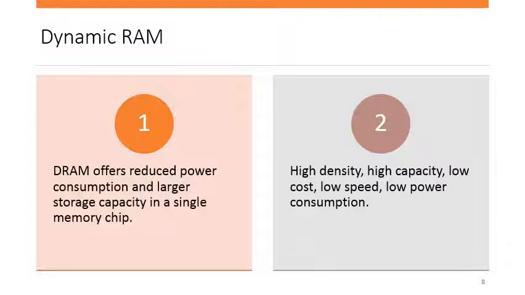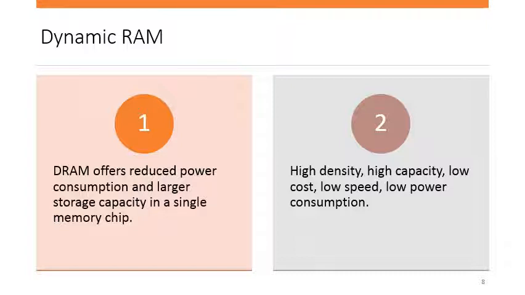So the major difference is that the dynamic RAM offers reduced power consumption and larger storage capacity in a single memory chip. Our random access memory, or the RAM slot, which we use in a computer system to store our tasks and to process the processes that are loaded into the RAM, is basically the dynamic RAM.